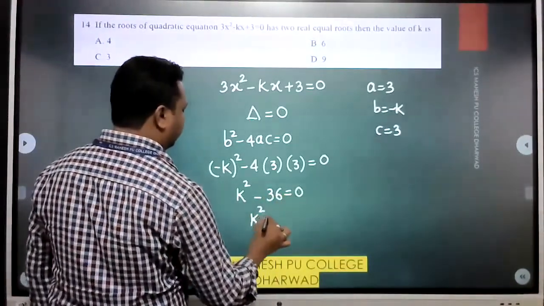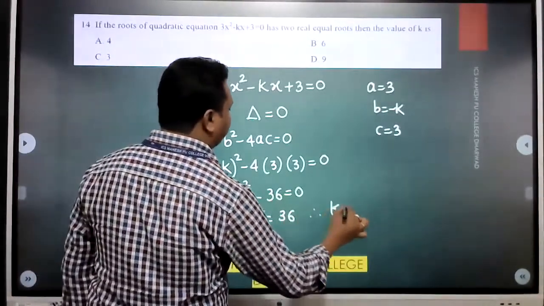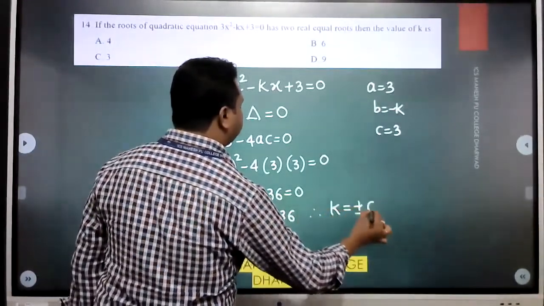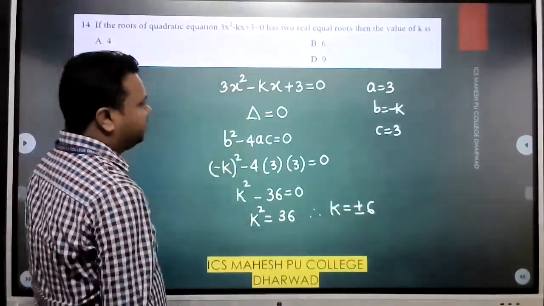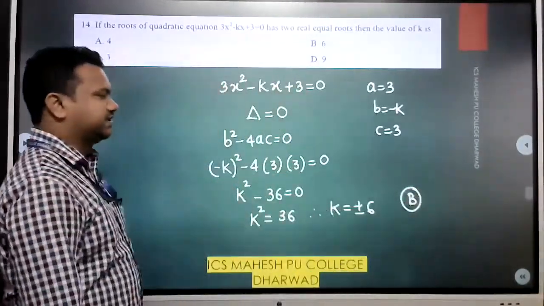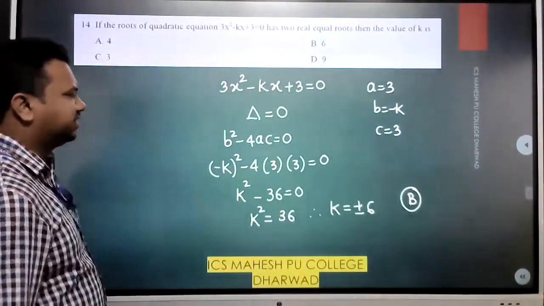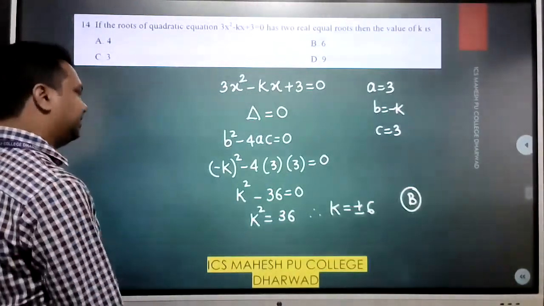Therefore, k square is equal to 36. Hence, k must be equal to plus or minus 6. There are 2 values of k, plus or minus 6. So here he has given option B. Option B contains only 6, right? Therefore, B, that is plus 6, is the accepted answer, right?